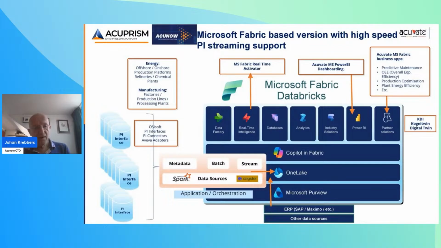If you have 40 factories, 50 factories, 10 factories, and every factory is collecting data in the OT space, then all of these PI interface gateways will be connected to a single Fabric implementation somewhere in the world, your enterprise Microsoft Fabric data and AI platform, where all the data of all the factories comes together, and you can apply analytics and other things to that data.